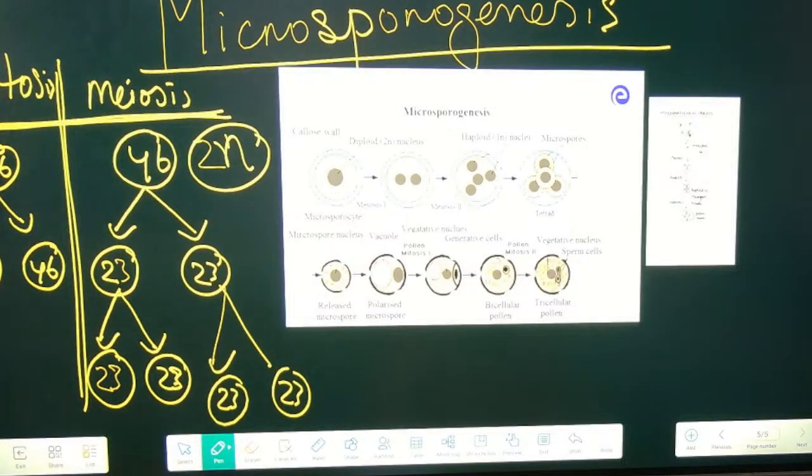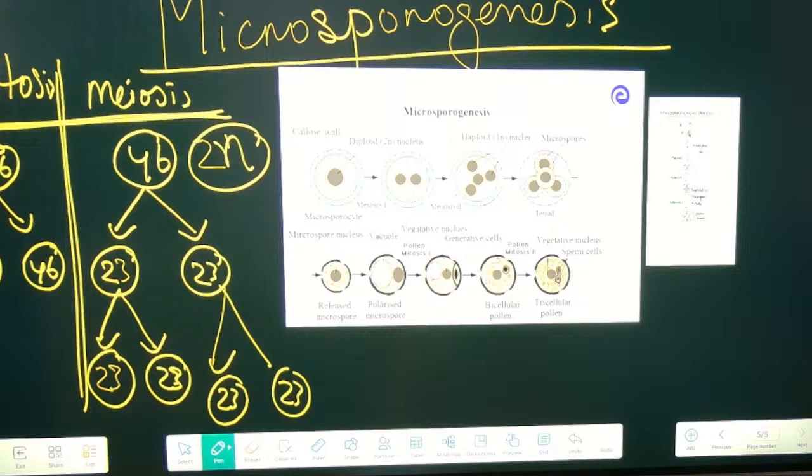The set of chromosomes in a somatic cell is called diploid.